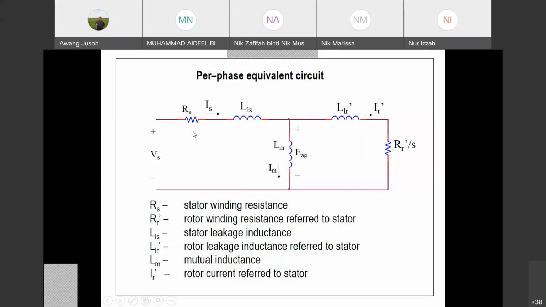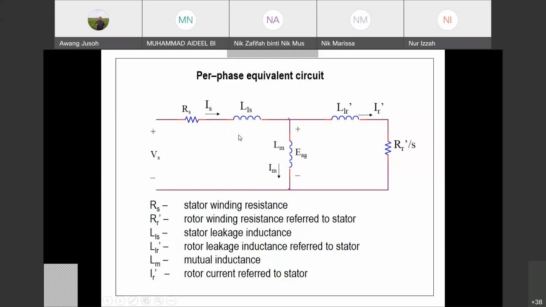Once you have the complete circuit like this, then we can study the performance. Normally this induction motor is not so difficult. If you have these components already, the only thing you need to change is S, the slip. When we say examine the motor at starting, that means the starting slip equals 1. So you change S equal to 1 and calculate the current and impedance based on S equal to 1.